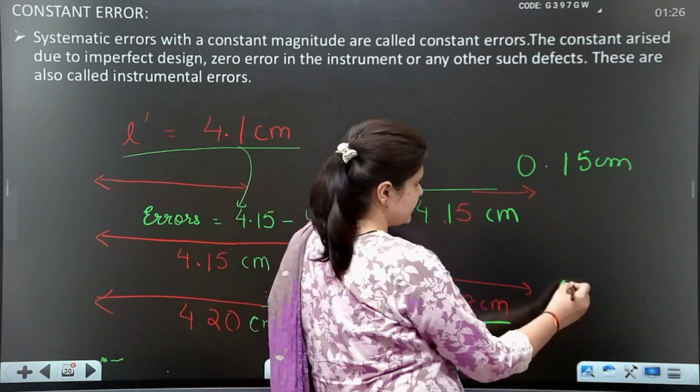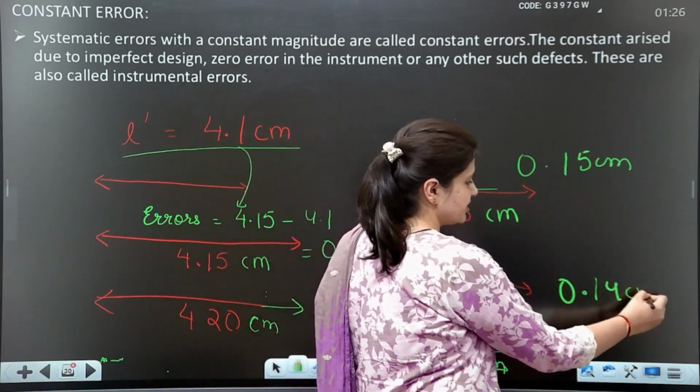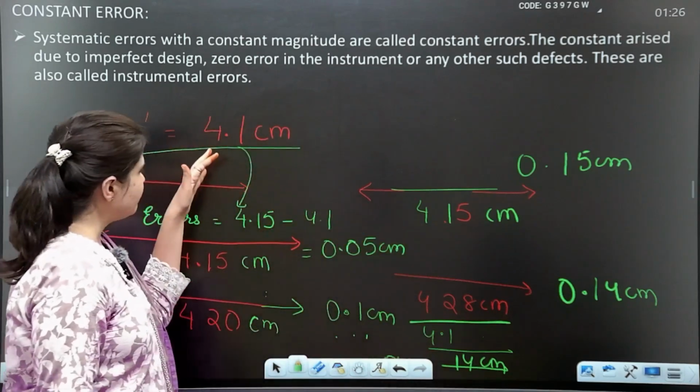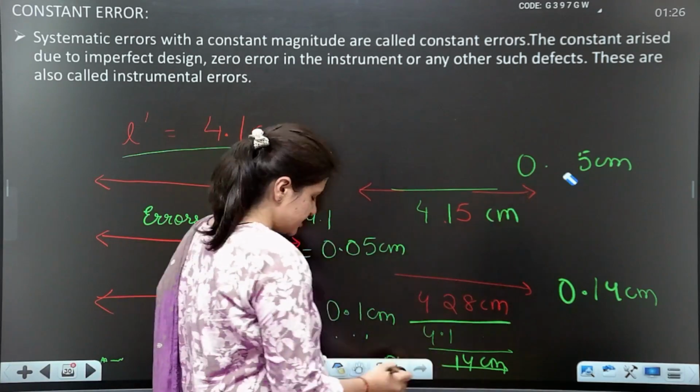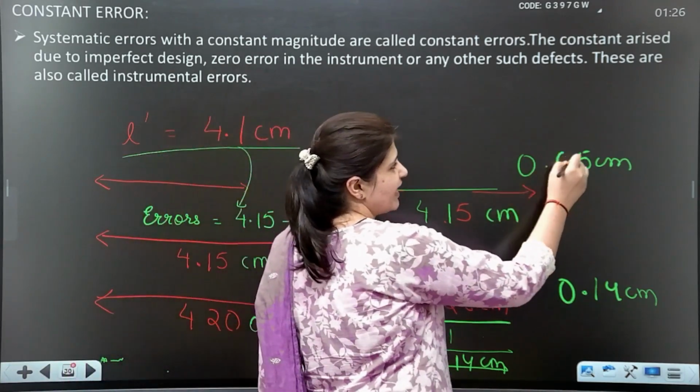So the errors are coming out as 0.05, 0.1, 0.15 and so on.